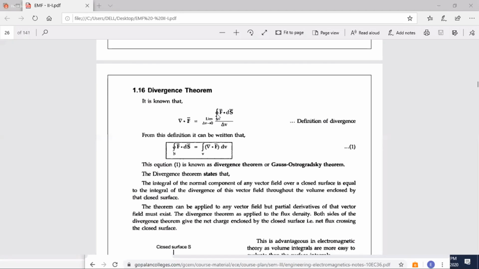The small circle on the integral means the integral over the closed surface.